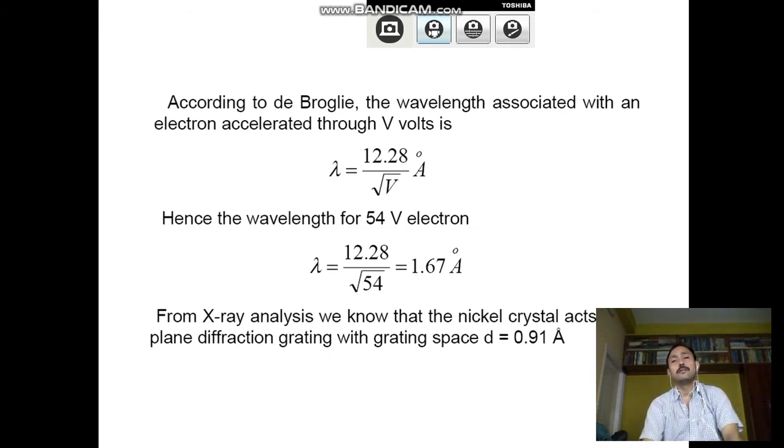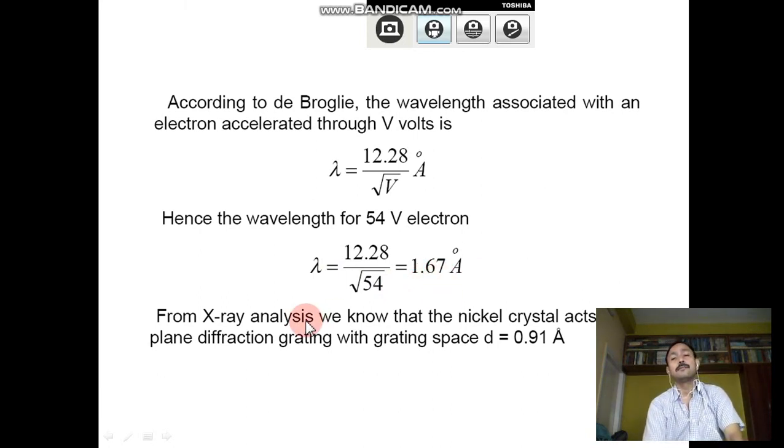According to de Broglie, the wavelength associated with an electron accelerated through V volts is lambda equal to 12.27 or 12.28 over root V angstrom. So V is 54 volt. Putting this 54 volt, we will get the wavelength as 1.67 angstrom.